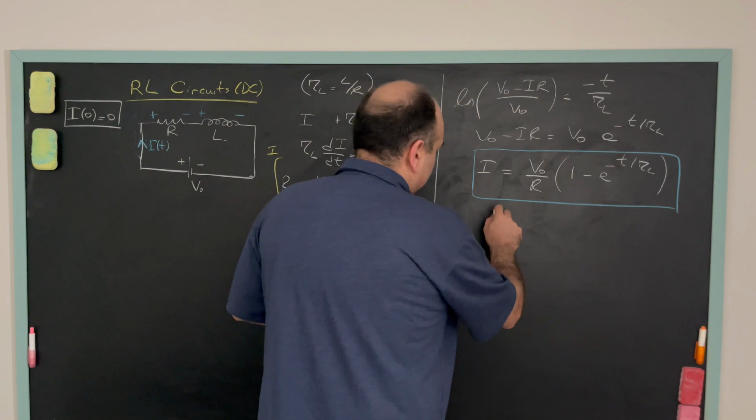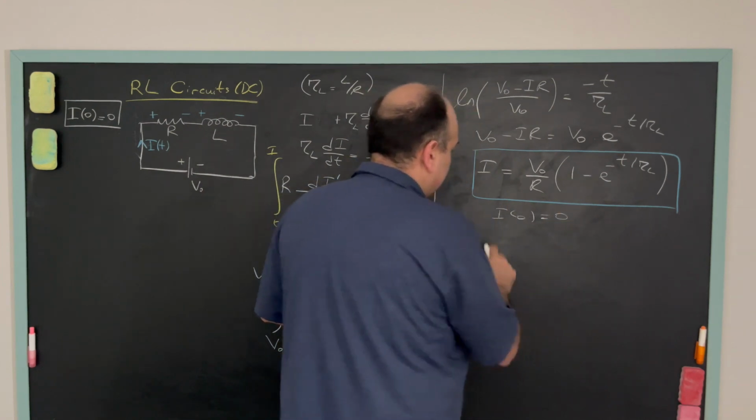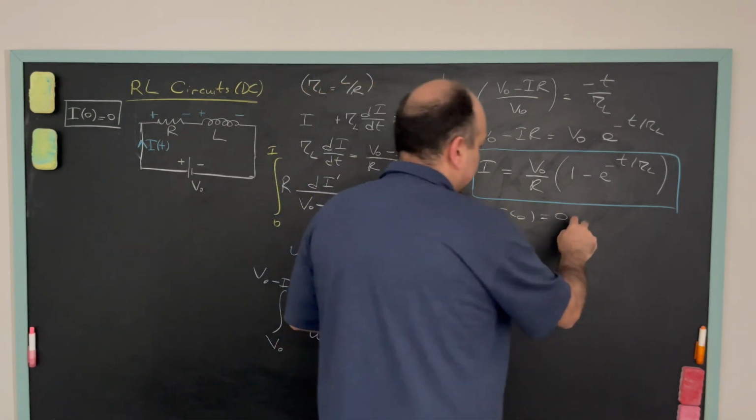Okay, let's write down those limits. So when time t is equal to 0, the current is equal to 0.